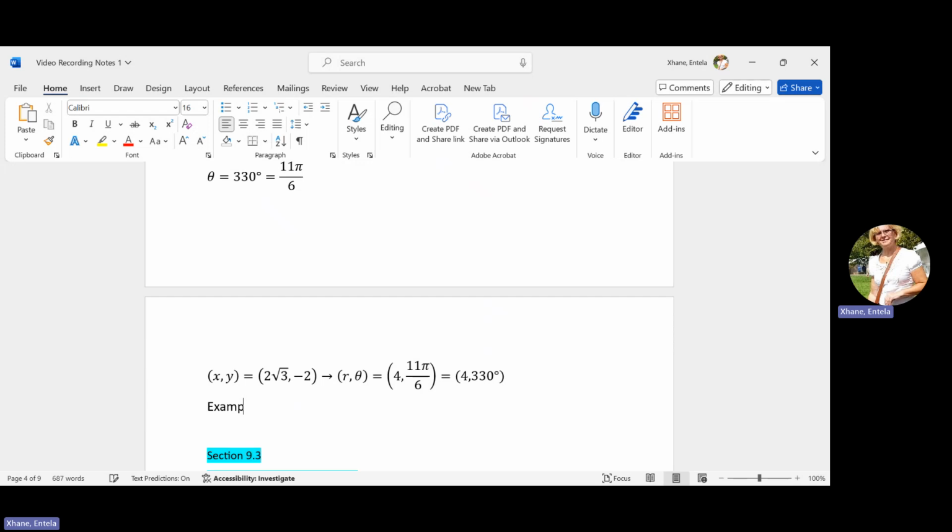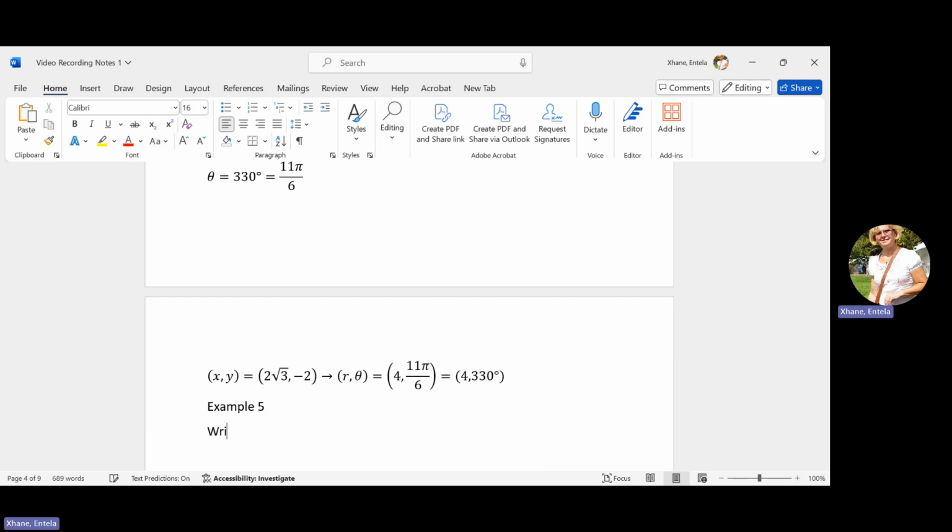Okay, example 5. Now we are transitioning. We're still going to rely on the study guide, because there are 2 equations in the study guide that require the conversion. But instead of converting points, now we are going to convert equations.